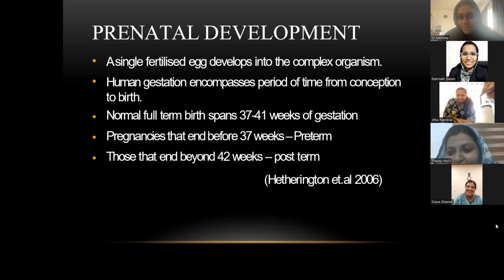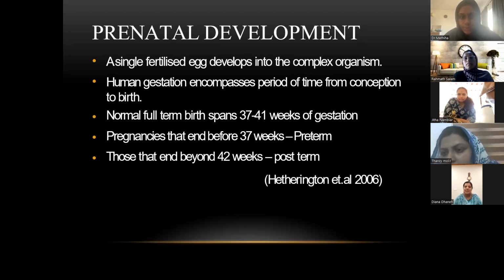If it is before 37 weeks, we call them preterm babies, or a preterm pregnancy. And in Western countries, there are many cases where it goes beyond 42 weeks. That is termed as post-term.